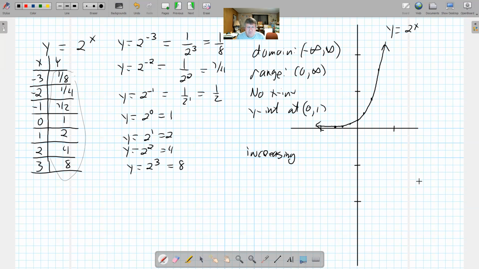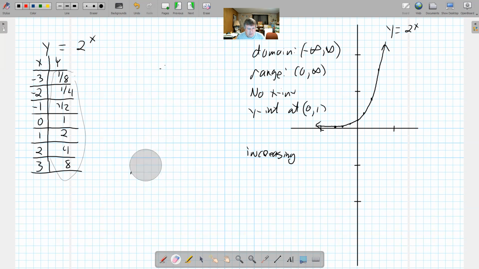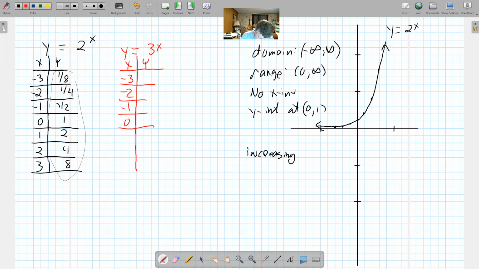Okay, now let's say we look at the graph of y equals 3 to the x. What's that going to look like? Then we'll make our table, and we're still going to use -3 to +3 for the x values.